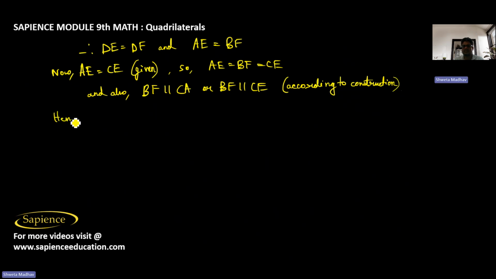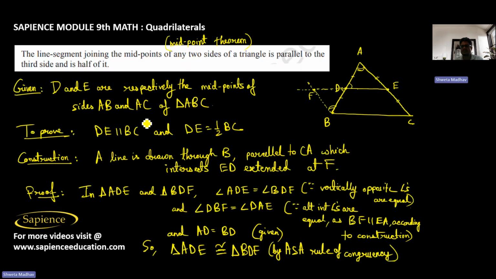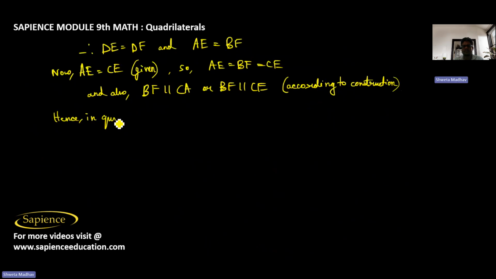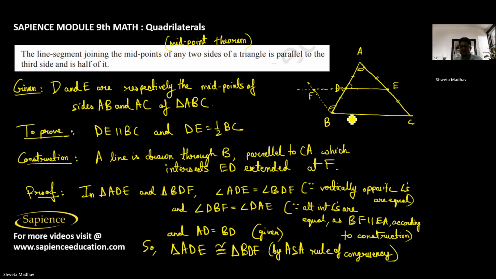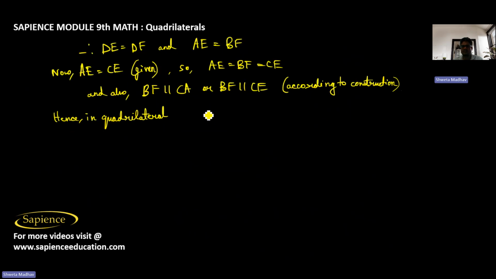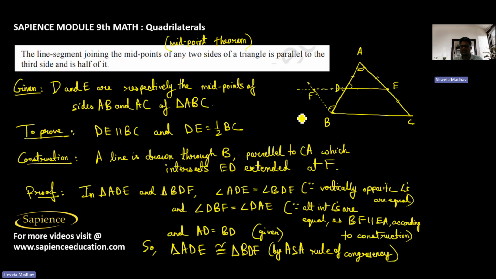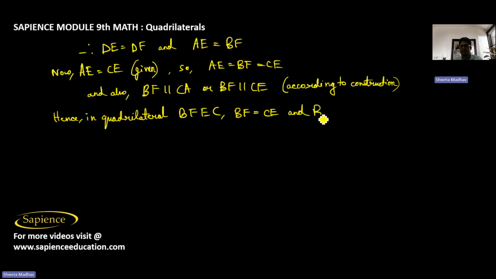So hence we can say that in quadrilateral BFEC, BF is equal to CE, and BF is parallel to CE also, since it is proved above.